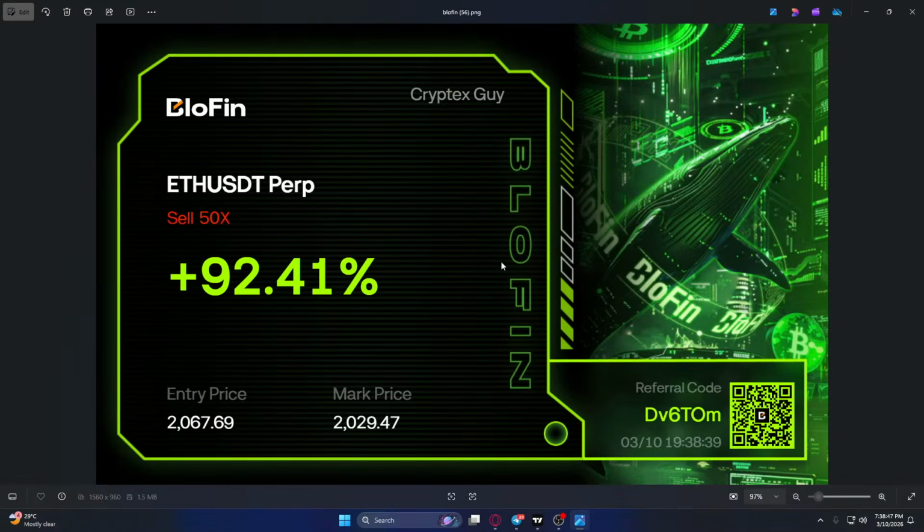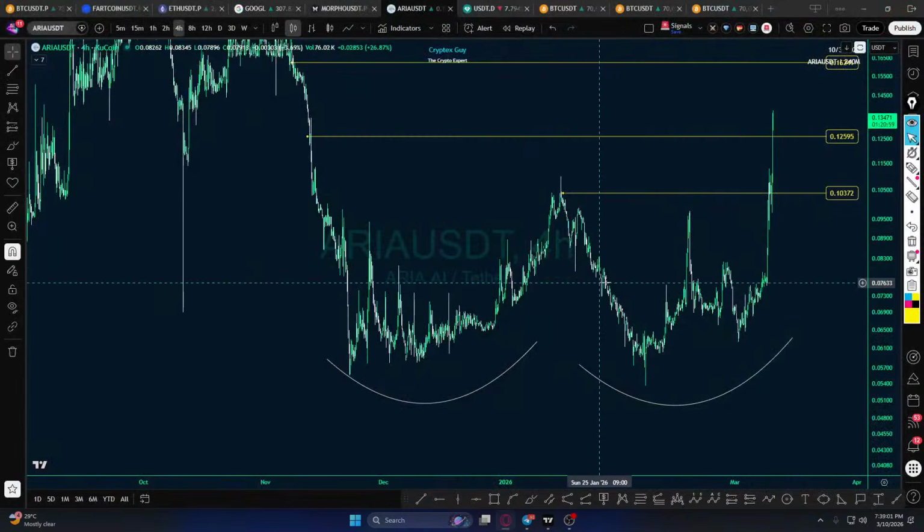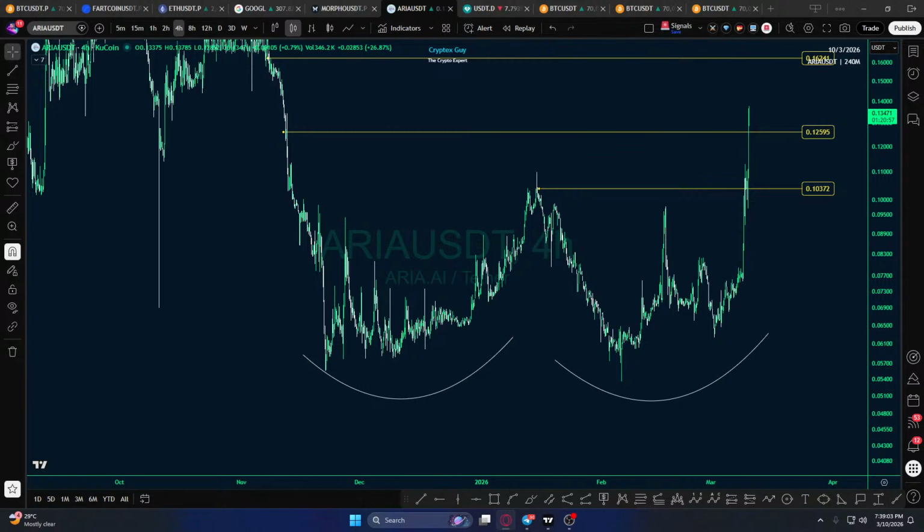Yep, you can see it's 92% of the PNL. We entered from 2067. I had set from 2068, but yep, it's a little bit of a gap. And we have market value around 2029. So it's 92%. GGs to everyone who entered, and trim your SL to entry.